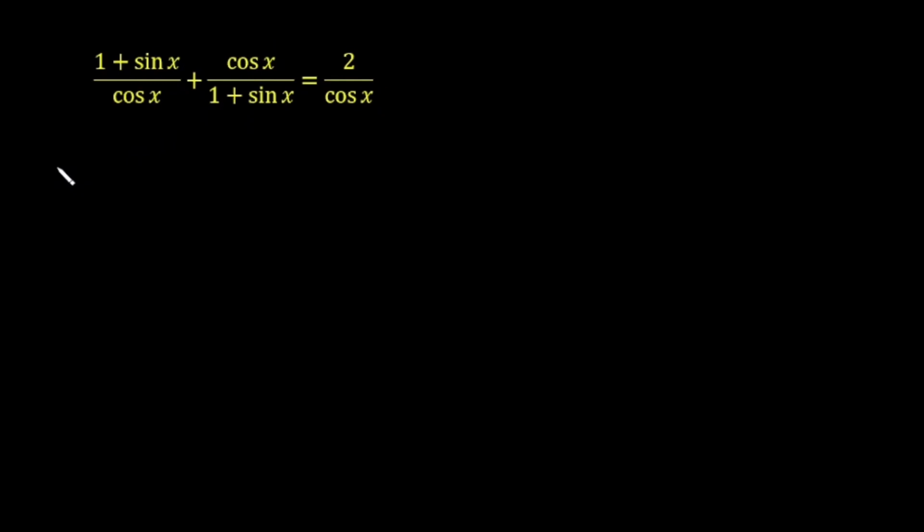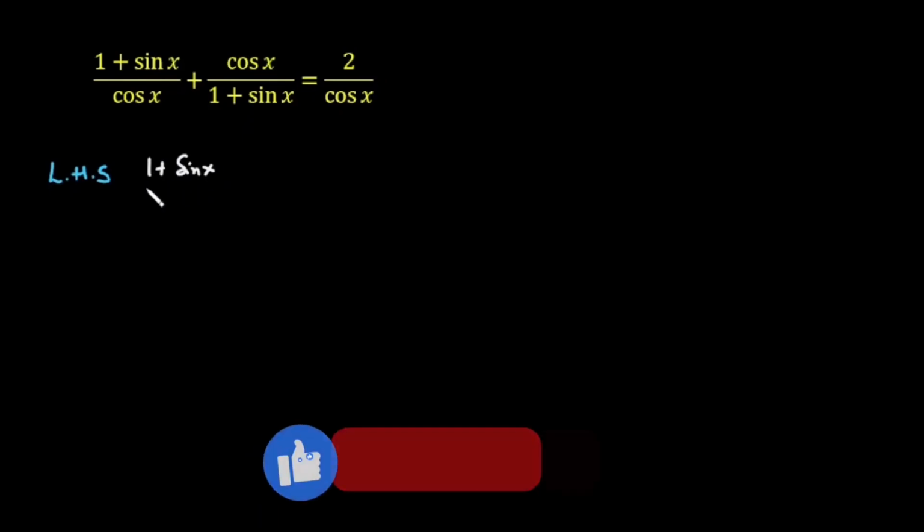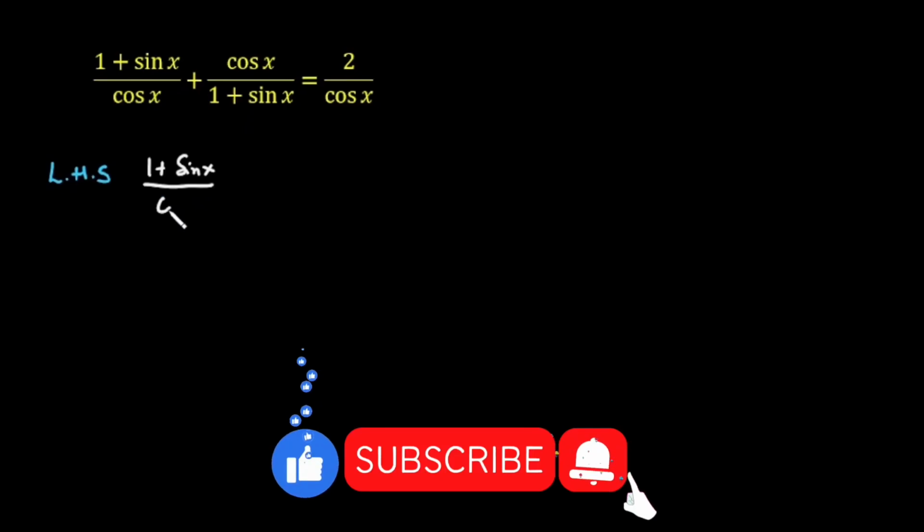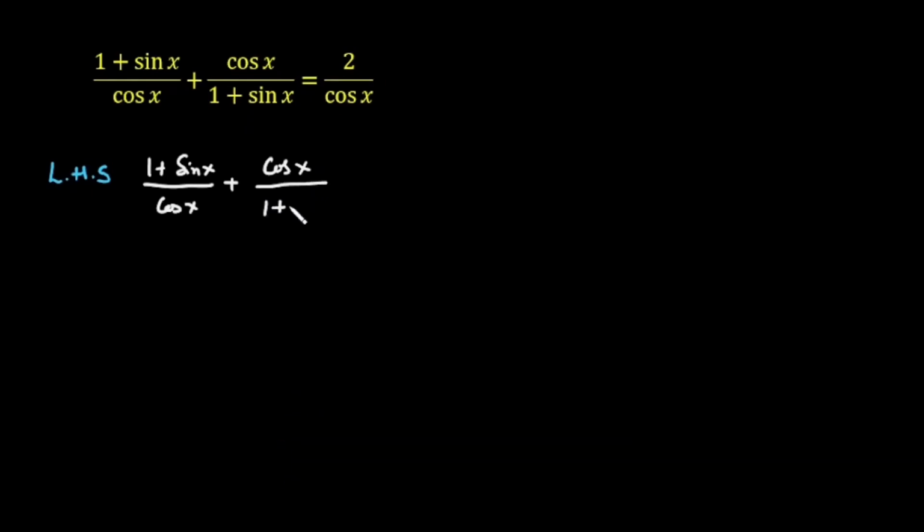So the left hand side of this identity is (1 plus sin x) over cos x plus cos x over (1 plus sin x).